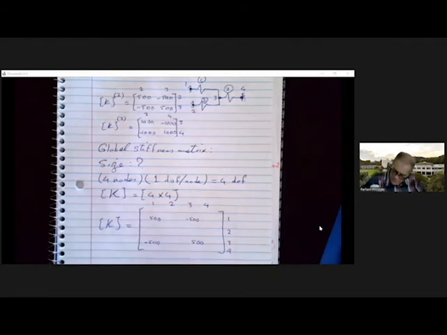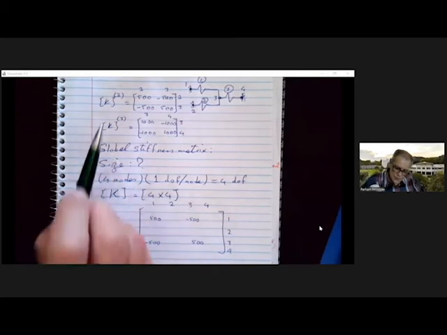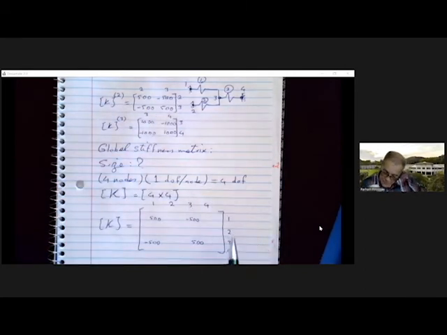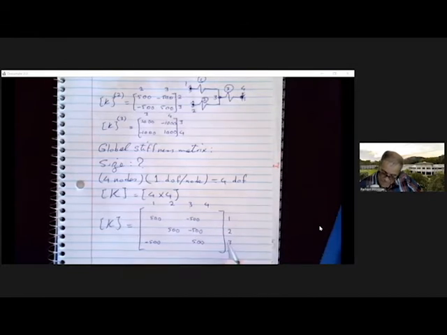Now for element 2, look at this element 2, it goes from node 2 to 3. So I have to put this one, 500, negative 500, at 2 and 3. So negative 500, 500. It adds to this one because previously I had one, so it adds to the previous one.